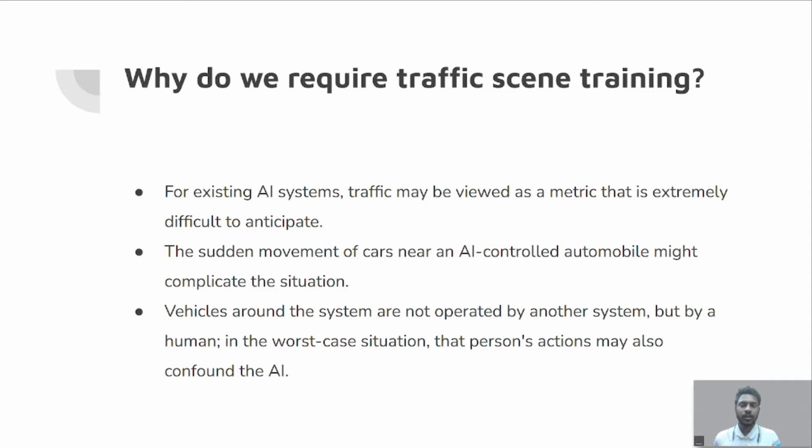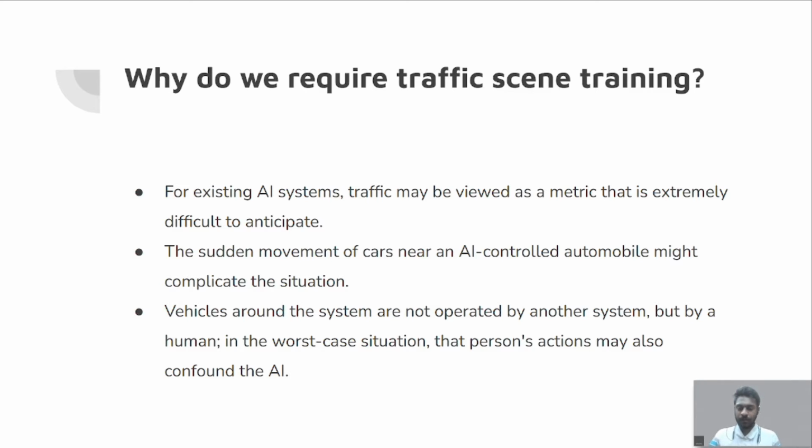So moving on, why do we require traffic scene training anyways? For existing AI systems, autonomous vehicle systems, traffic may be viewed as a metric which is extremely difficult to anticipate. It is most likely where the AI could fail to predict. The sudden movement of cars near an AI-controlled automobile might complicate the situation.